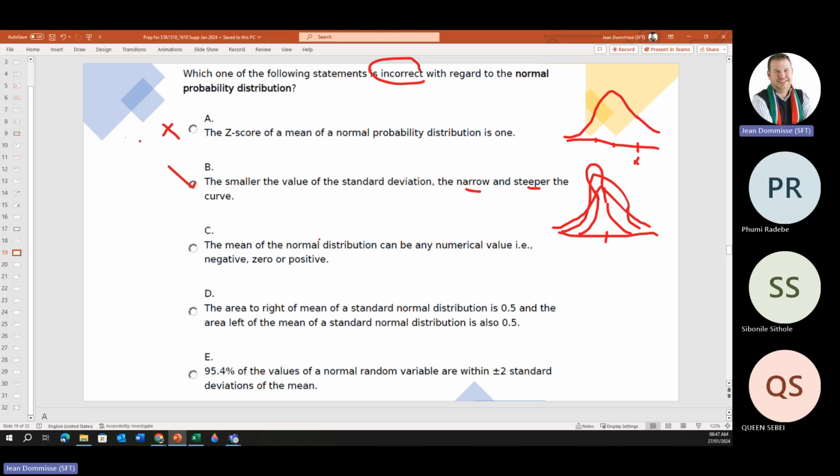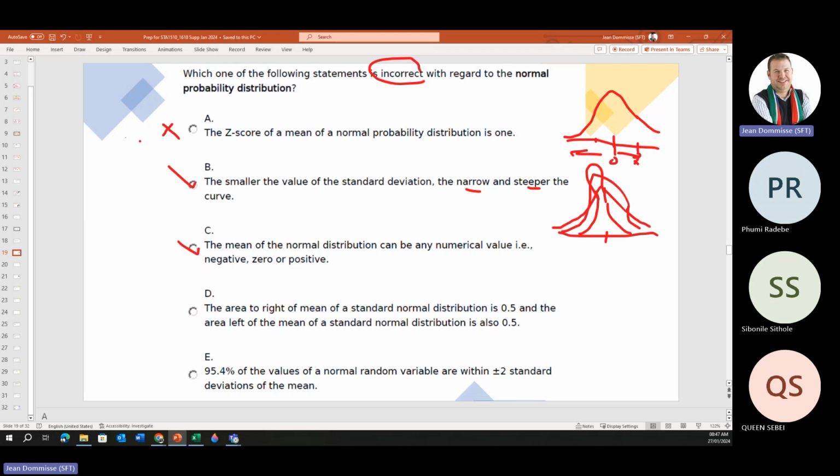The mean of a normal distribution can be any numerical value, negative, 0, positive, true. And again, we can see here that 0, that goes to positive, that goes to negative. So yes, it can be any of those three.